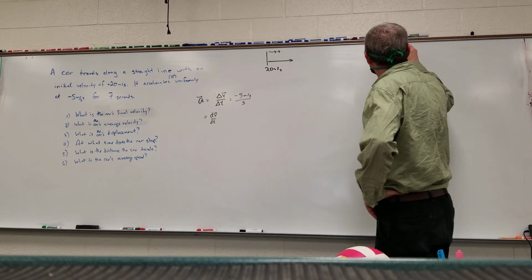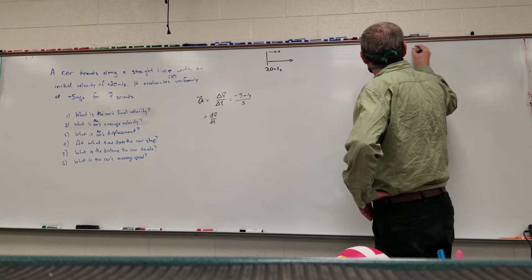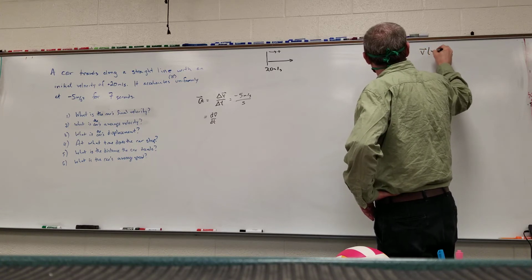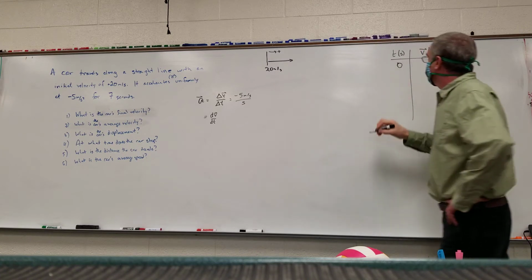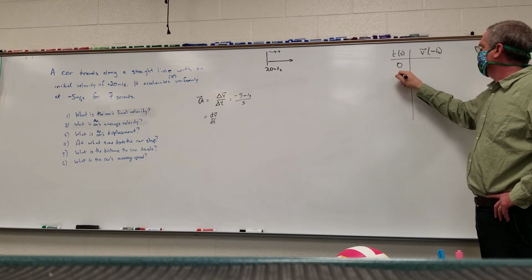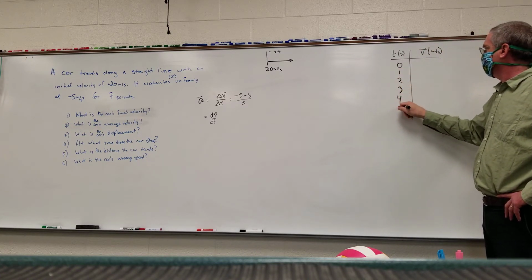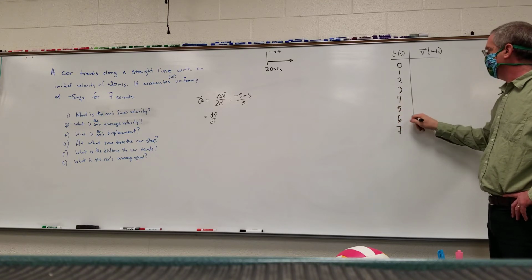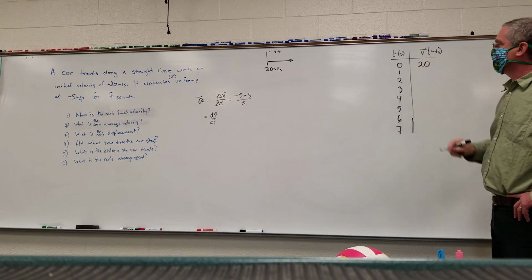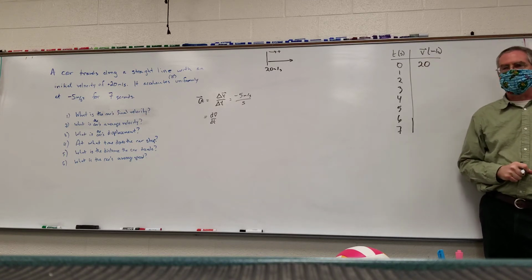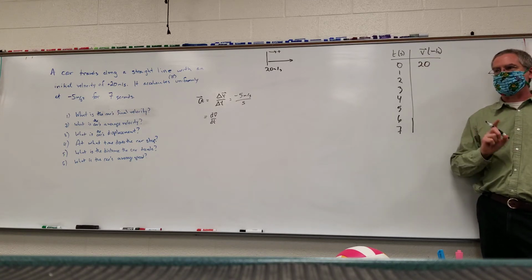So if I set up a little chart here, I have time in seconds and I have velocity in meters per second. The problem lasts for 7 seconds, so 1, 2, 3, 4, 5, 6, 7. Initial velocity is 20 meters per second. How fast is the car going after 1 second?